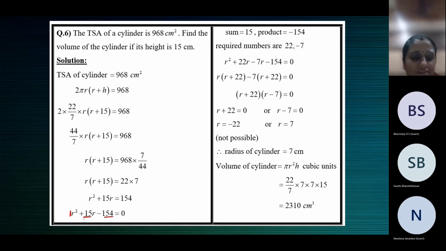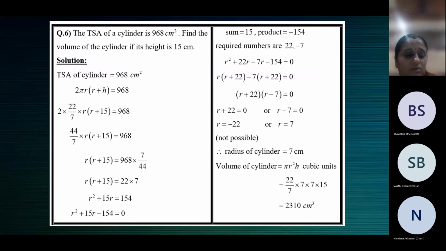Now see here, this plus 15 is the sum. And the product is 1 into minus 154, the product of the remaining two numbers, that is minus 154. If it's a 2 here, 2 into minus 154, whatever is the product, will come here. Is it understood? Yes, ma'am.